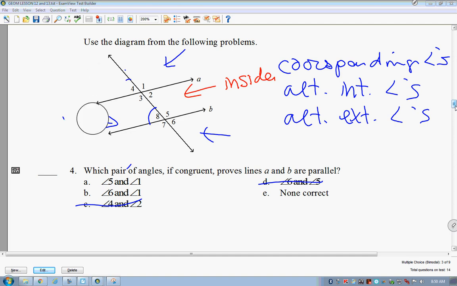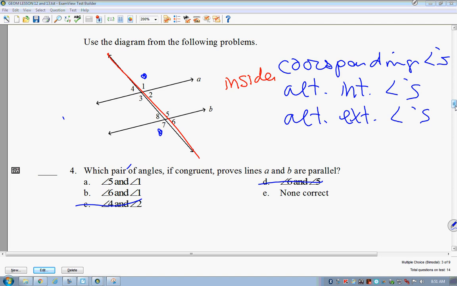Let me erase some of this. Alternate means opposite sides of the transversal. Okay? So 1 is alternate to 7. Right? They're on opposite sides of that red line. The 1 and 7 are what we call alternate exterior. They're on opposite sides of the red line, and they're both exterior of the parallel lines.